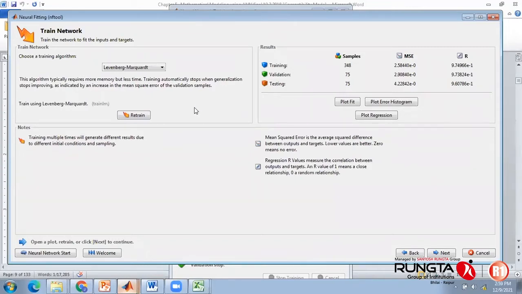Now the question is, how many times do I need to retrain it? Obviously, if you're solving a serious research problem, you need to retrain it until your neural network gets overtrained. Because the researcher who is working on MATLAB is not rigorously doing any calculation. Everything is done by the MATLAB software.